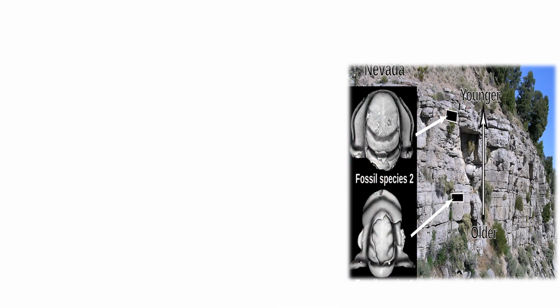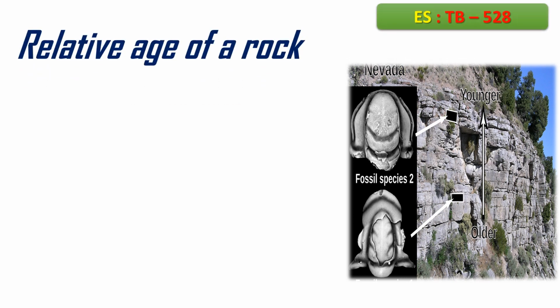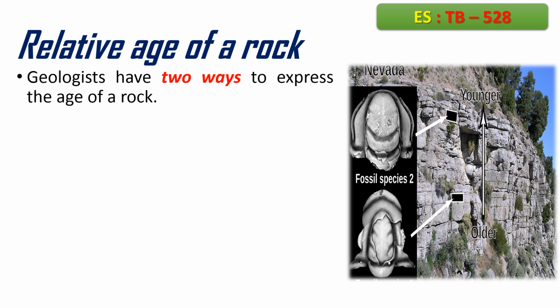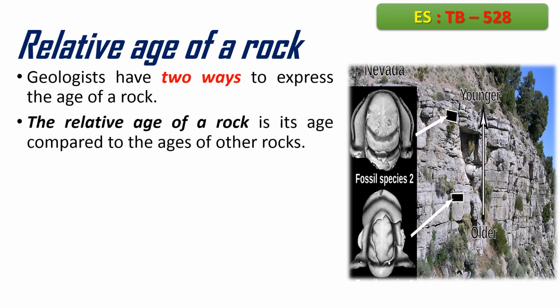Relative age of a rock. Geologists have two ways to express the age of a rock. The relative age of a rock is its age compared to the ages of other rocks.